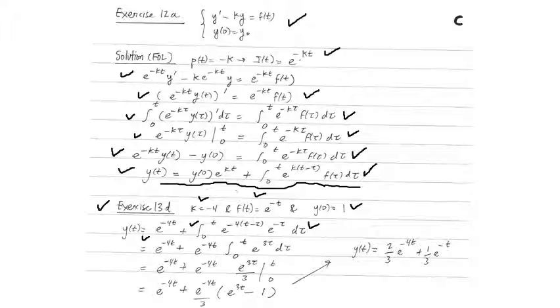If you break up this part of the integral, you can pull out e to the minus 4t, and that's what I did in the next step. And that leaves e to the 4 tau, e to the minus tau inside the integral, which simplifies to e to the 3 tau for your integrand.